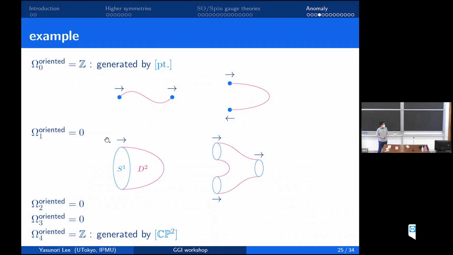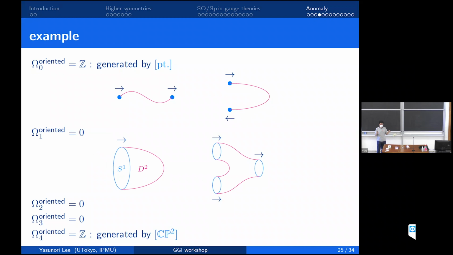So next, let's look at the one-dimensional case. The candidate generator manifold would be S1, a circle. But as you know, the two-dimensional disk is bounded by a one-dimensional circle. So it is actually bordant to an empty one manifold. Or you can also see this from a pair of pants. You have two circles on one side and one circle on the other side.